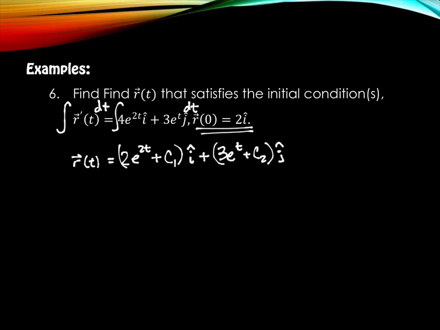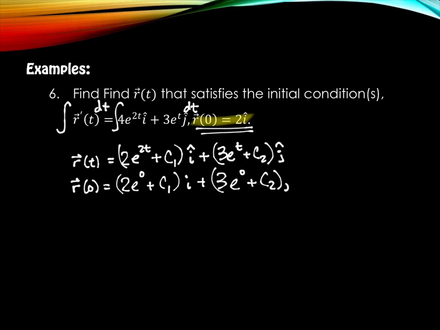The difference right now in what we're doing, though, is that we have the ability to evaluate. And we evaluate based on the initial condition that we were given up here, where we're plugging in 0 for t. So I have 2e to the 0 plus c1, i, plus 3e to the 0 plus c2, j.